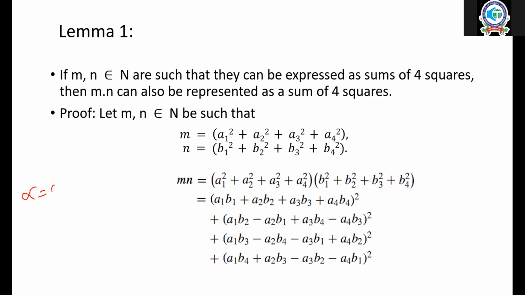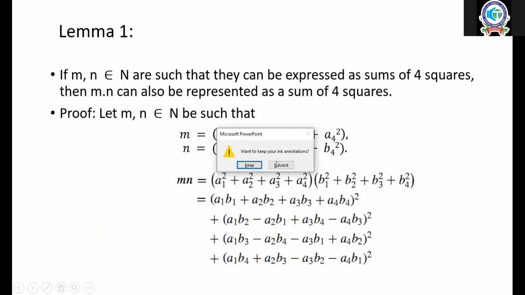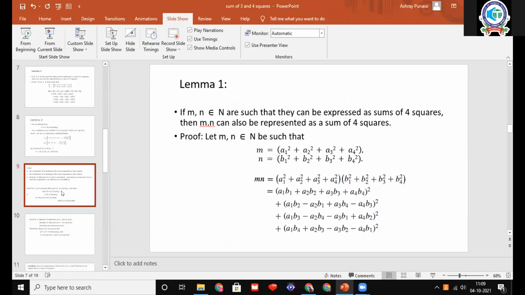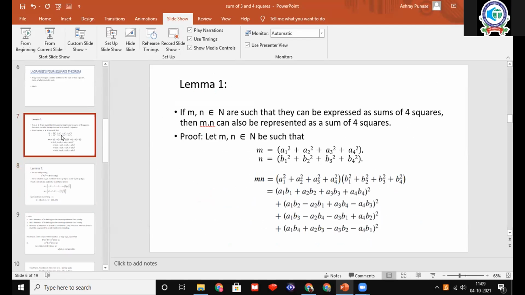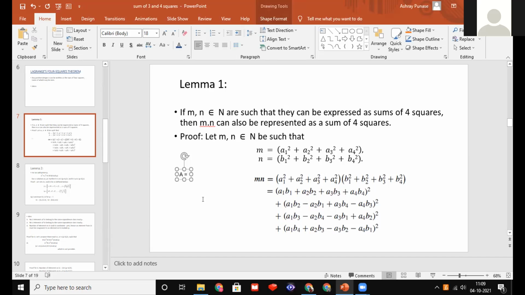So A is equal to a1 plus a2i plus a3j plus a4k.